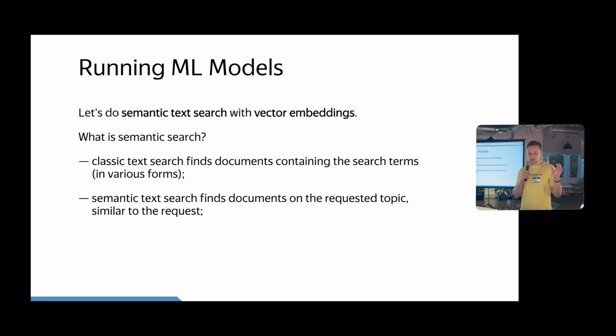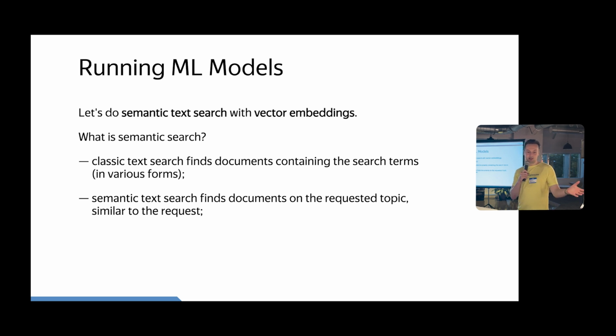So similar objects, like similar texts, will have their vector representations also similar, close to each other, according to some metric. And the metric could be L2 distance, so Euclidean distance, or cosine similarity, or dot product, which is not, strictly speaking, a metric, but it is also a measure of similarity.